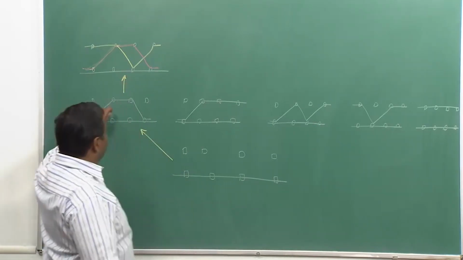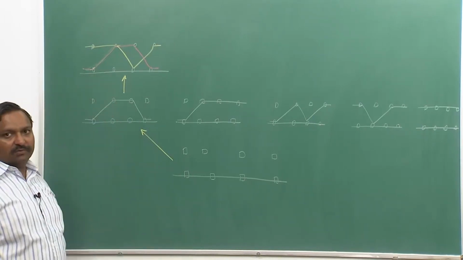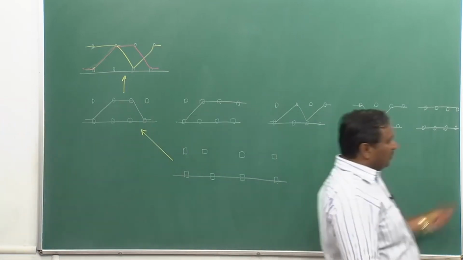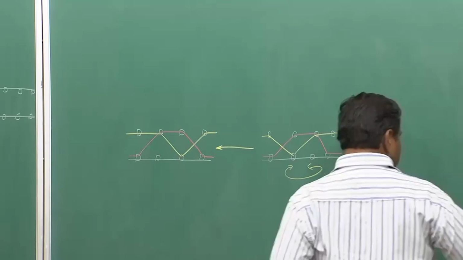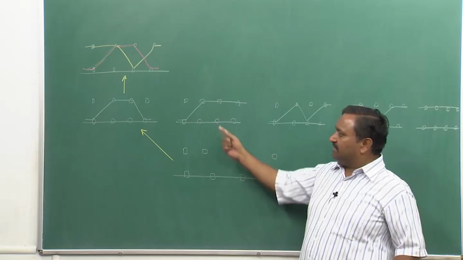When I set up the third connection, whichever way I go, I will always come to this particular state. There is only one state, there are two possibilities, but both of them are technically the same. Now, let me see what will happen if I take this state.